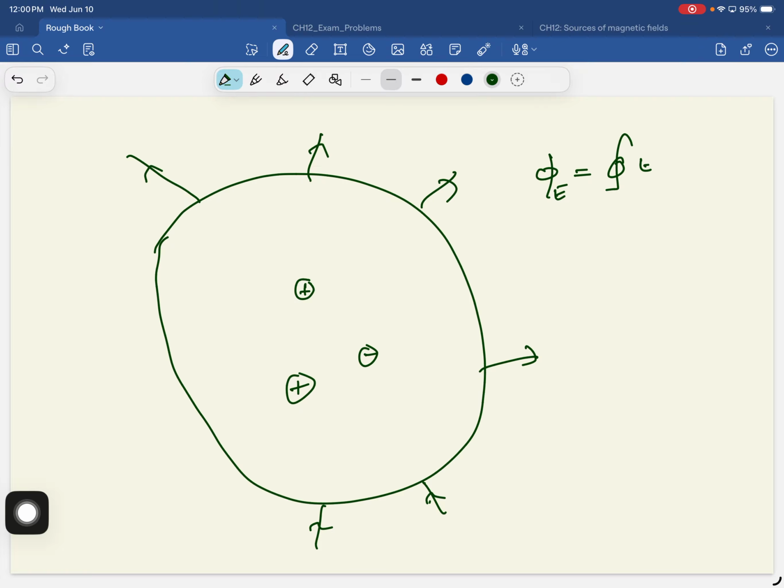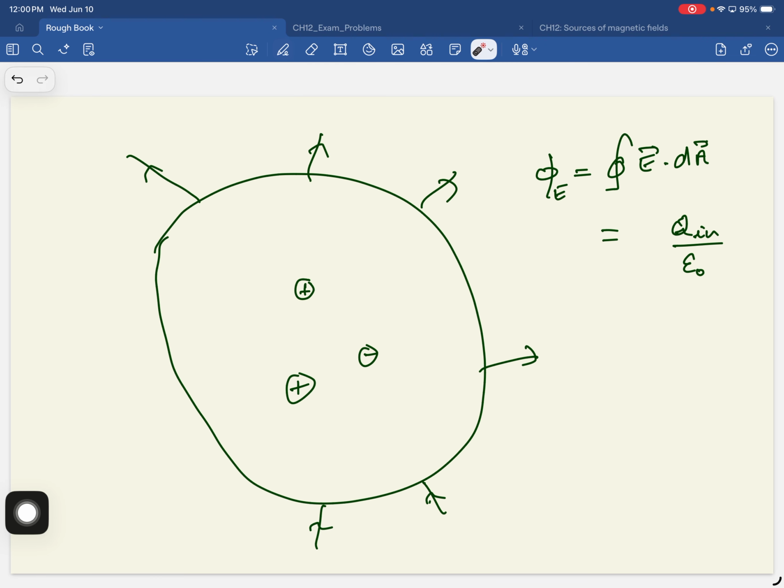Gauss's law was this surface integral, and the flux through that surface was equal to the charge inside divided by epsilon naught. Charges produce electric fields. What produces magnetic fields? Moving charges. Currents produce magnetic fields. So we'll give you a similar expression, some kind of integral for the magnetic field, and that'll be related to the currents flowing inside.